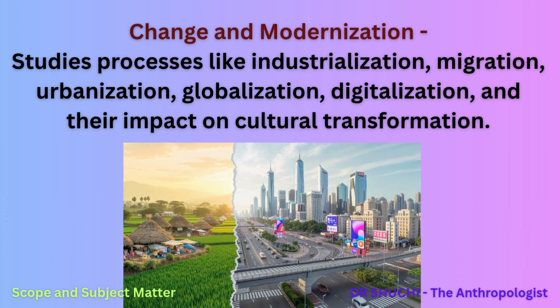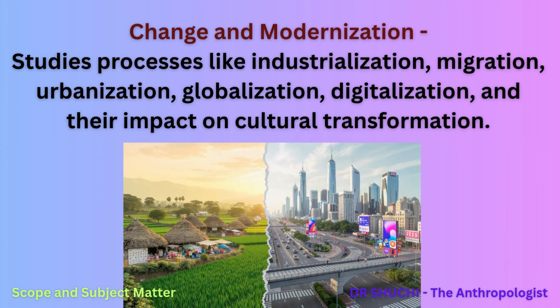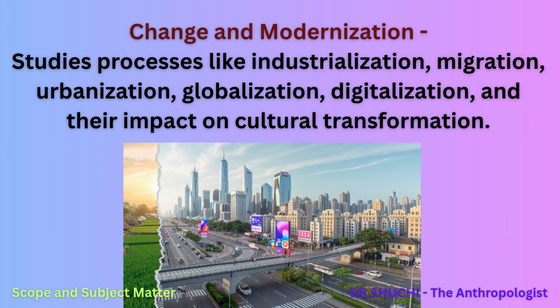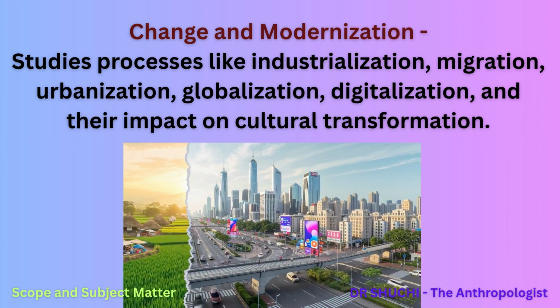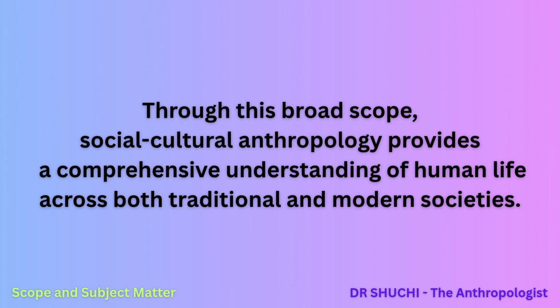Change and modernization studies processes like industrialization, migration, urbanization, globalization, digitalization, and their impact on cultural transformation. Through this broad scope, social cultural anthropology provides a comprehensive understanding of human life across both traditional and modern society.